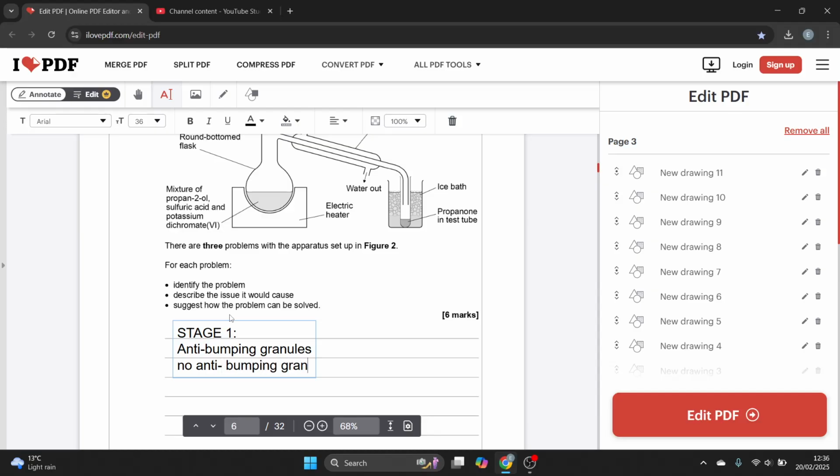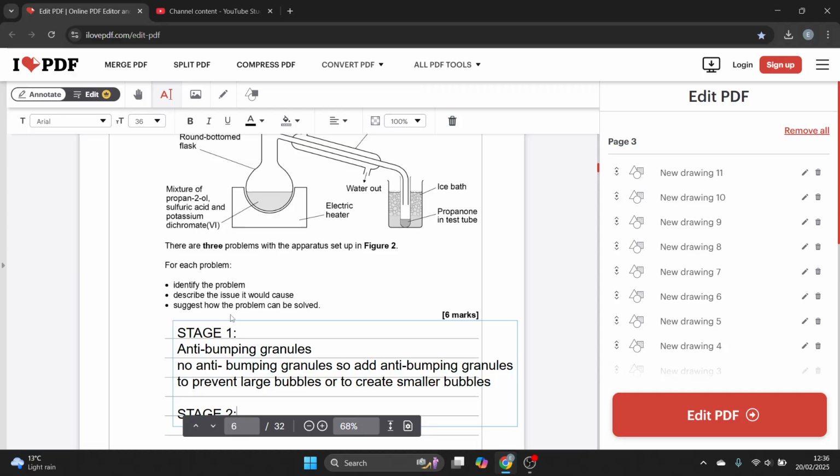Add anti-bumping granules to prevent large bubbles, or to create smaller bubbles.